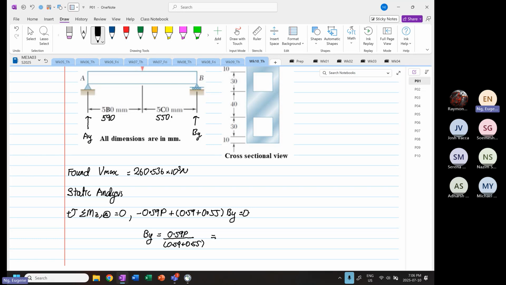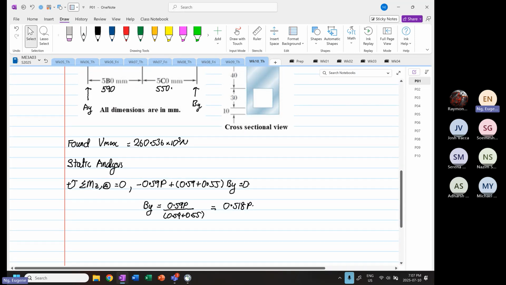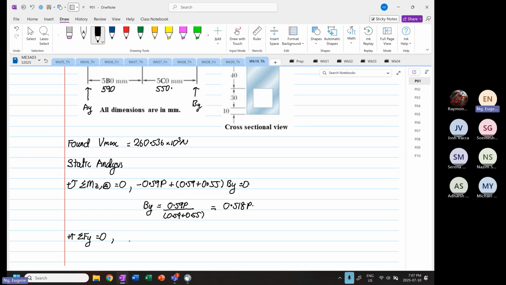So it's equal to 0.518 P. And then from here, we do summation of forces in the y direction equal to 0. You have Ay minus P plus By, which is 0.518 P. So Ay is equal to 0.482 P.